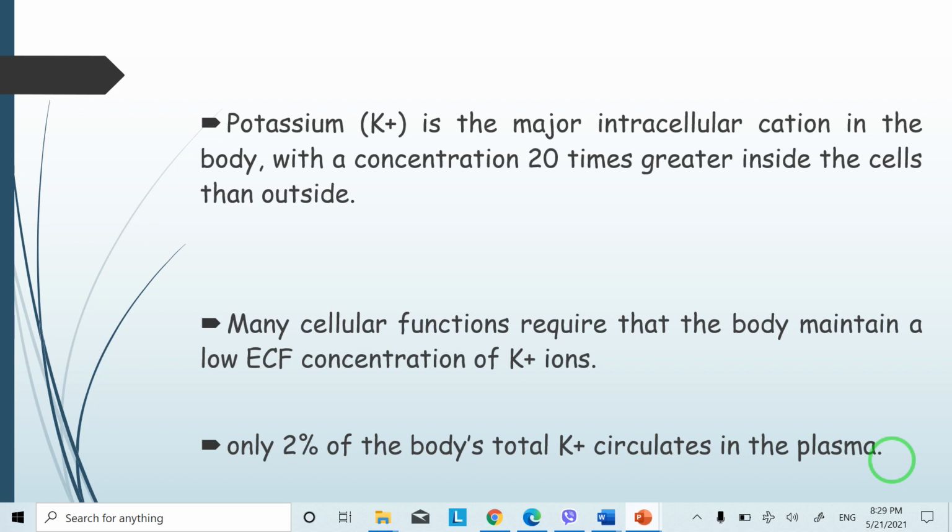This high concentration of potassium is maintained inside the cell by the sodium-potassium ATPase, which is an active process, because the concentration of potassium is mainly inside the cell, while the concentration of sodium is mainly outside the cell.